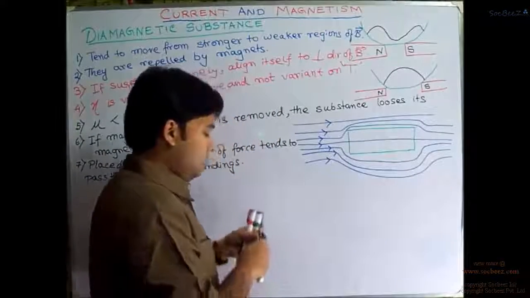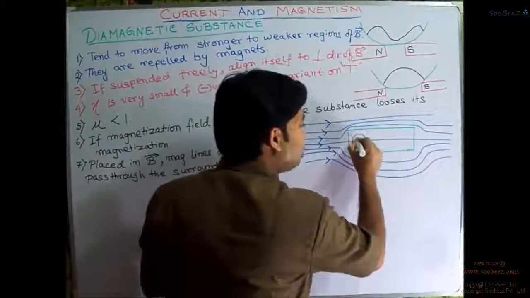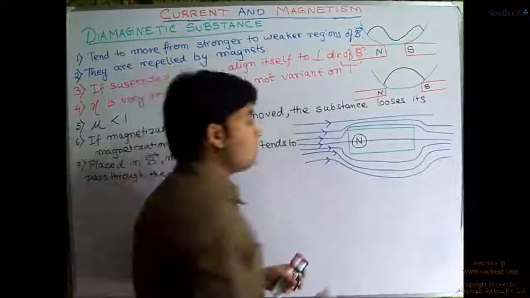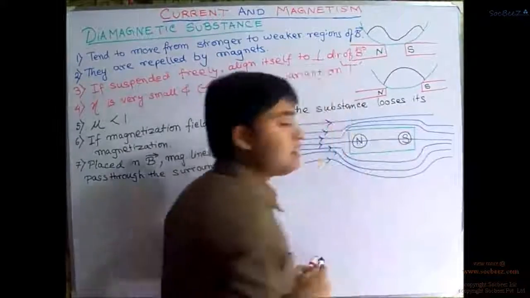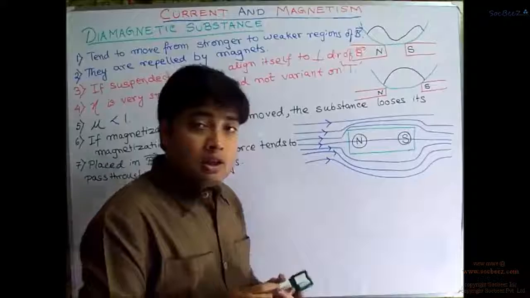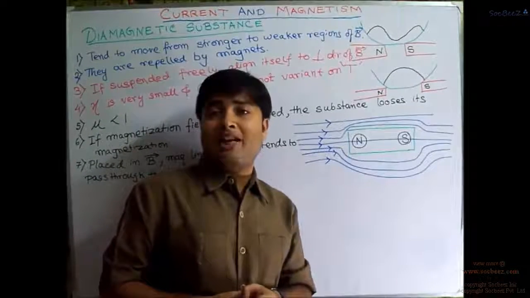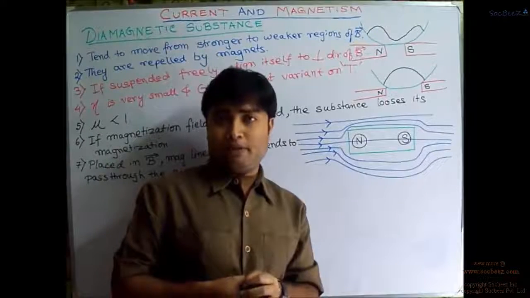So over here we will see as if a north pole is being generated in this direction and a south pole is being generated in this direction. This fundamental helps us in understanding the definition of diamagnetic substances.